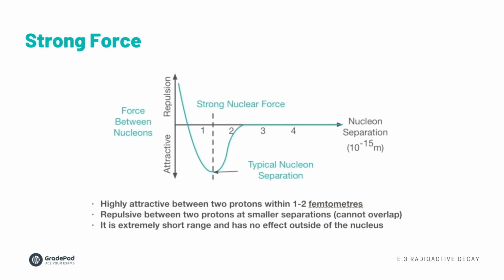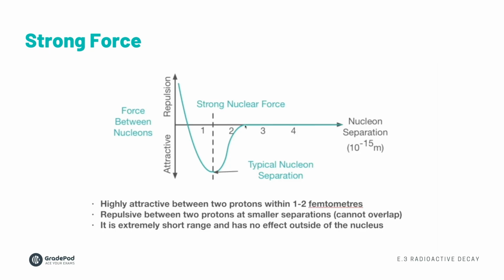The strong force is an attractive force inside a nucleus within a very small range. So within the range of about 0.5 femtometers, which is 10 to the minus 15, and 2.2 femtometers, we have a very strong attractive force. After 2.2 femtometers, the strong force is zero.